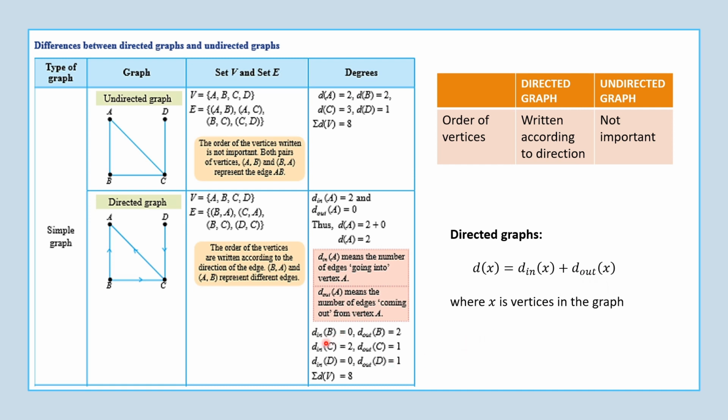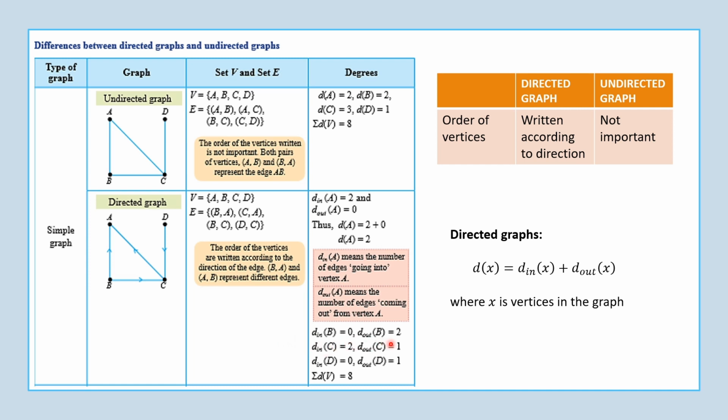Let's see an example here. I hope all of you can see. The first one is D in B, meaning the degree going into B. As we can see in the diagram, from point B the edges show the direction from B going out to C, and B going out to A. So there is no edge or degree going into point B. Therefore, D in B is equal to 0.